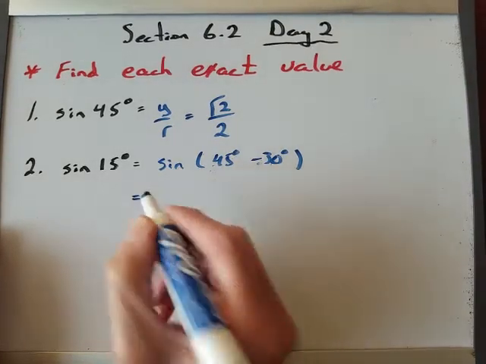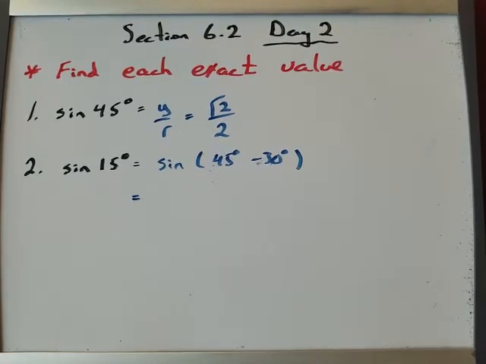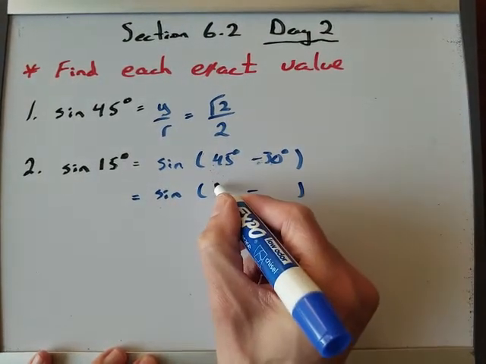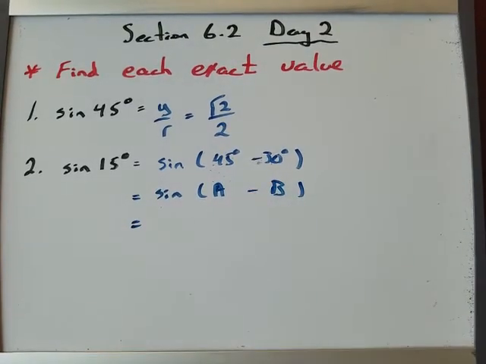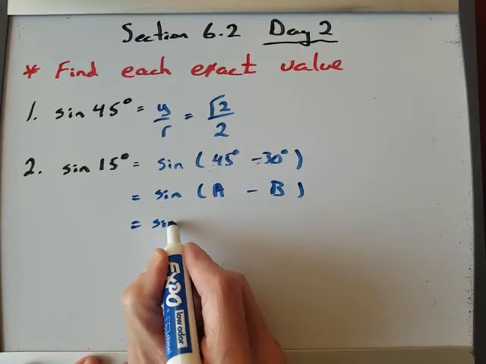Now here's where again the power of the identities come in. What we simply need to do is to find on the identities, which is the identity that comes from two angles subtracted. The textbook would call the first one A and the second one B. And so again, section 6.2 day 1, that first date with the identities just to get to know them pays off. We now know that this identity exists, and we know it looks like this.